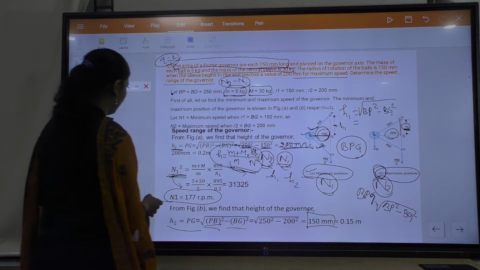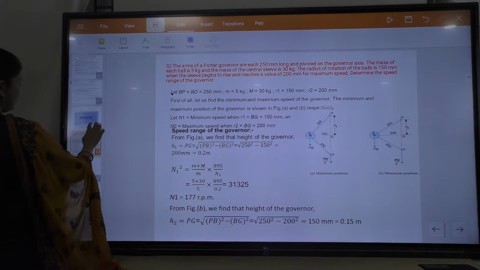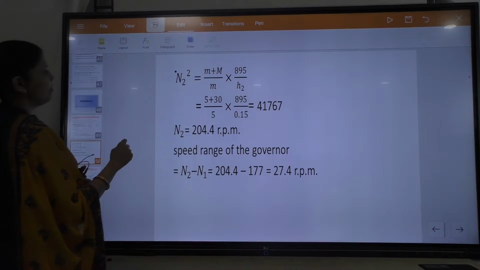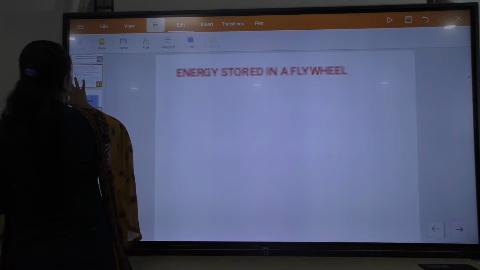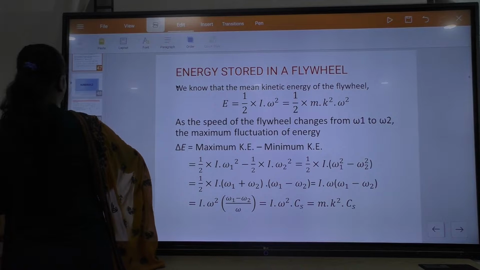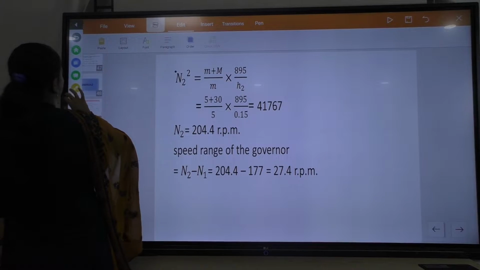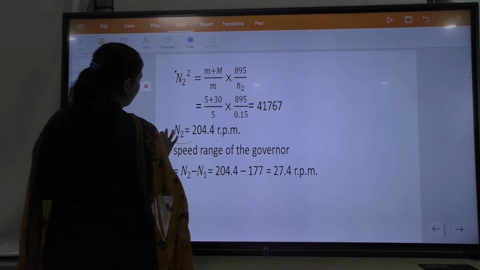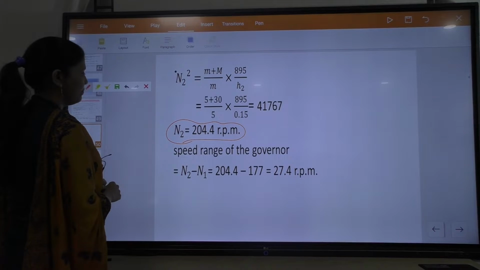So here we got the value of h2. Now we can easily calculate the value of n2, because for the Porter governor we know the formula, and using this formula we get n2 as 204.4 rpm.